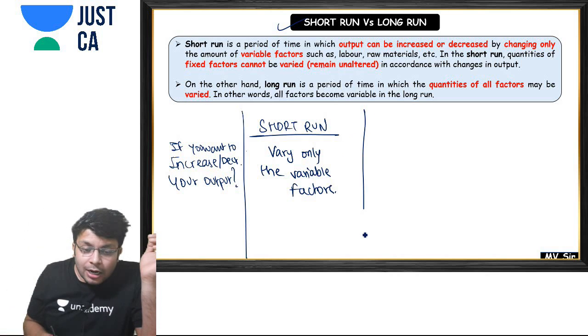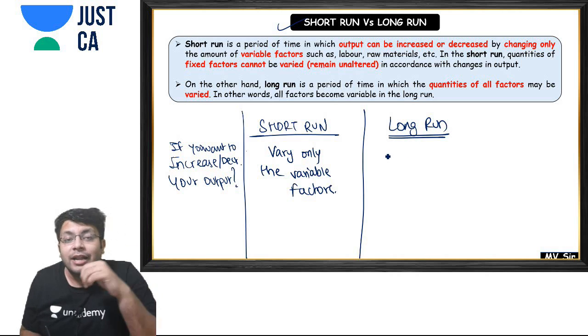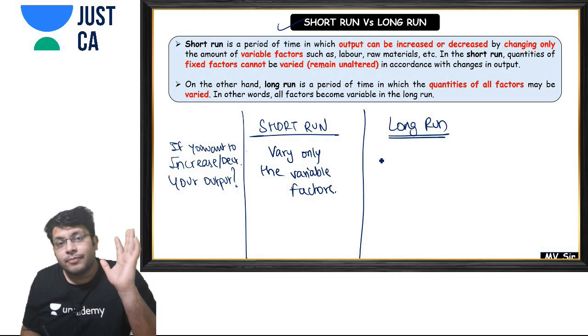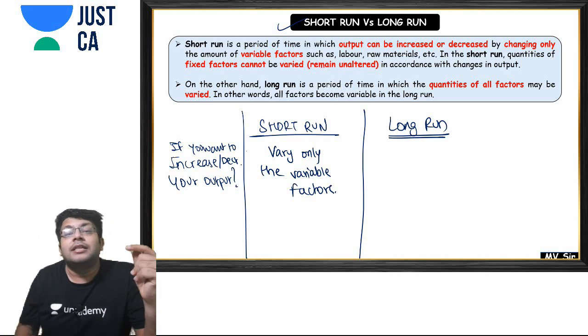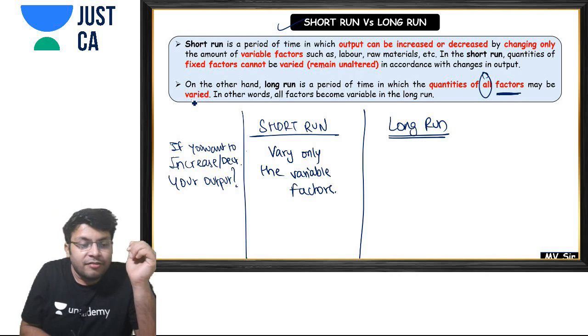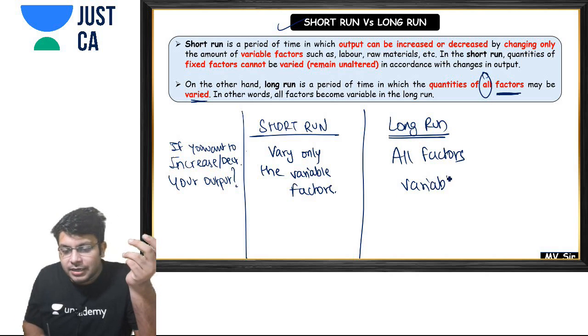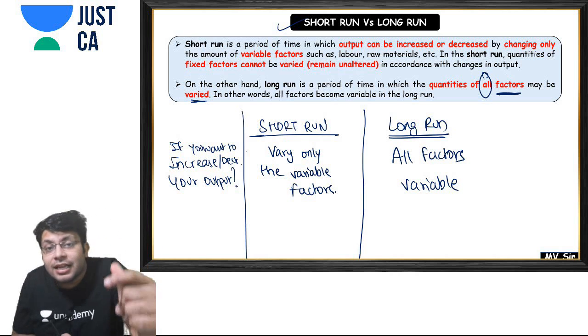But in the long run, what happens? Please pay attention. In the long run, all factors become variable. So I can vary all factors.